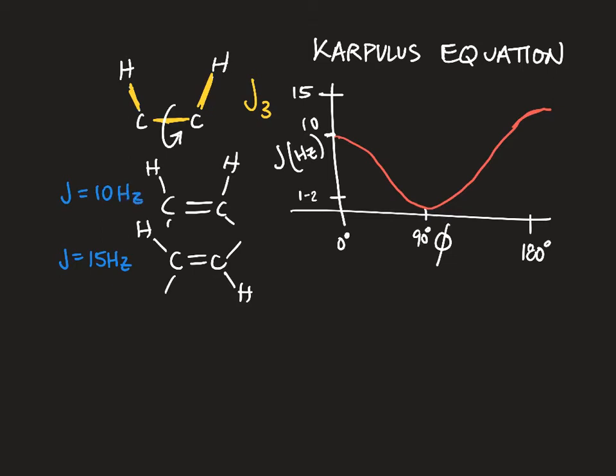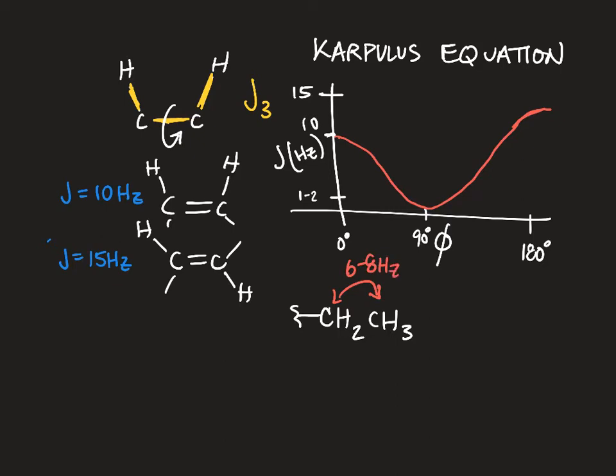What's important to note in these cases is that it does tell us a little bit about the system. If we look at something like our classic ethyl group, this type of spin system, we tend to see this J value between these two around 6 to 8 hertz.